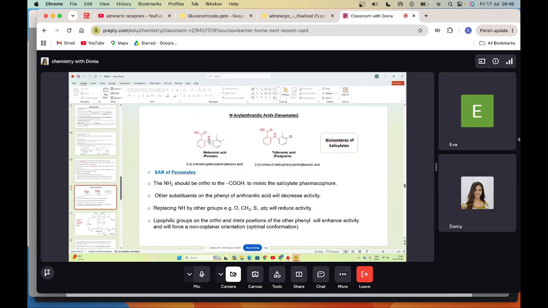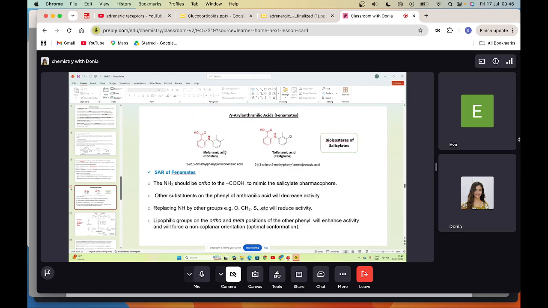If we have oxygen, sulfur, or carbon, again, the activity will decrease. Is it clear? So no substituent on the anthranilic acid ring because it will decrease the activity, and it has to be nitrogen, but on the other phenyl ring, substituents in the ortho and the meta increase the activity because, again, it will increase the non-coplanarity.